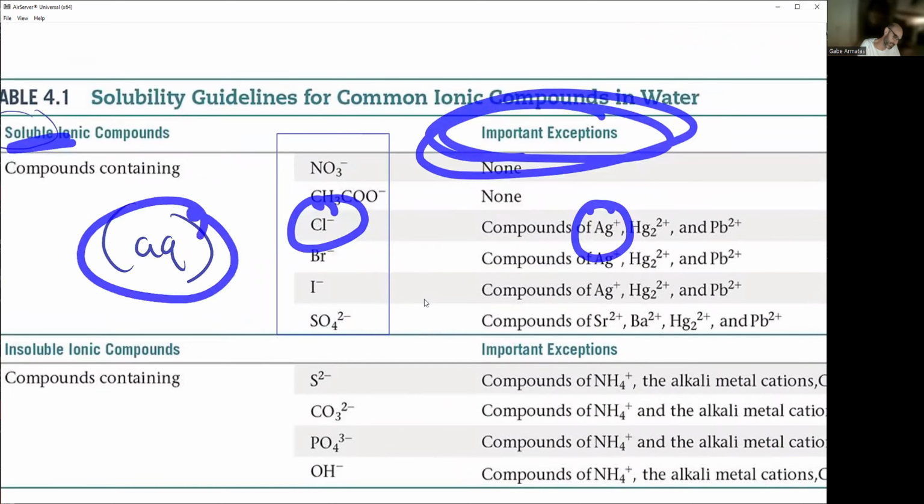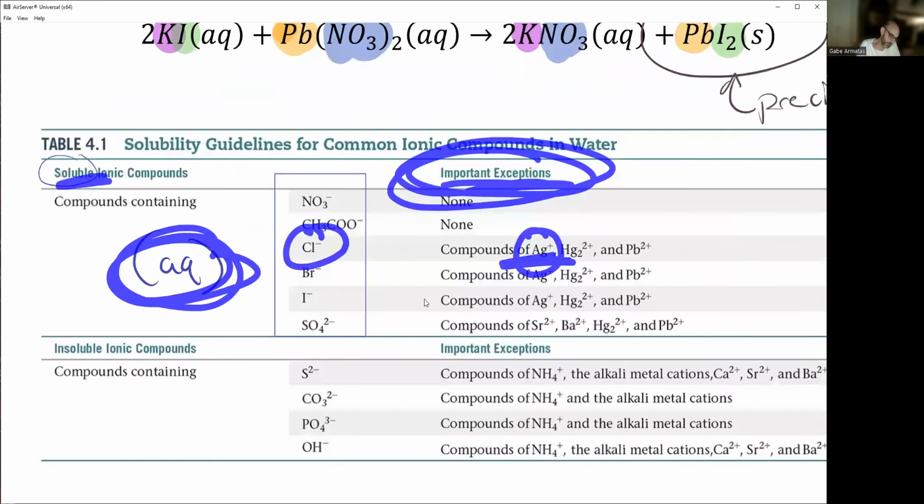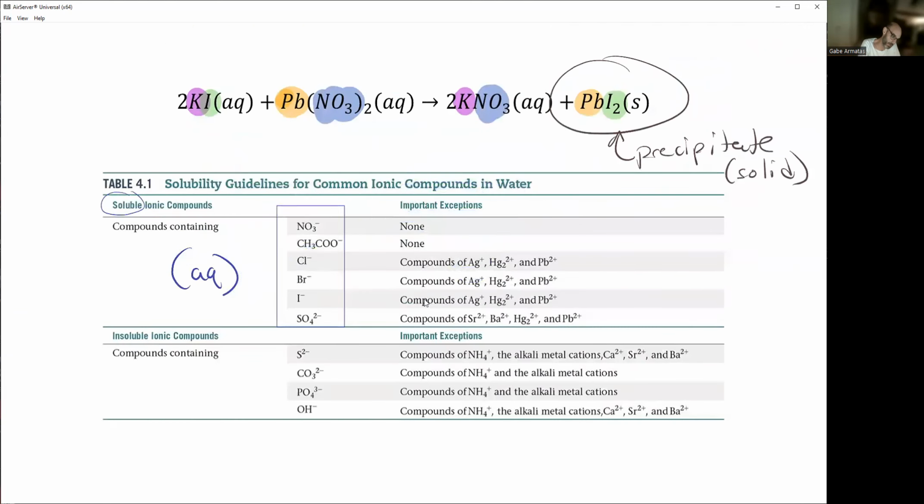If it is expected to be soluble, these exceptions are going to be solids, so they're going to be insoluble. So all of the exceptions are going to be solid. So what I mean by that is Ag with chloride, so AgCl. Mercury 2, which is kind of a special type of polyatomic that we're never going to talk about, forms a compound. You're never going to see that. Lead chloride forms a solid, okay?